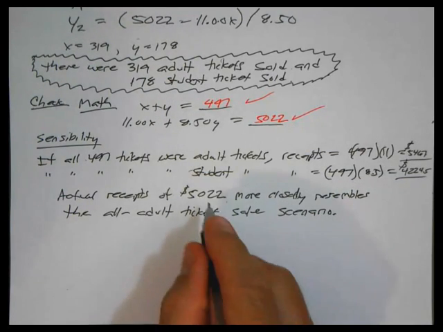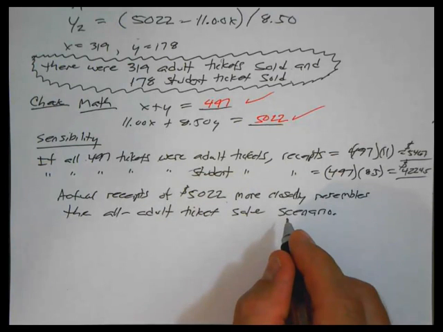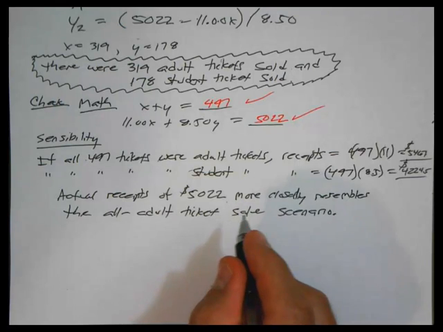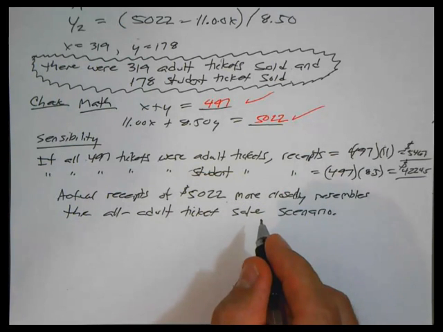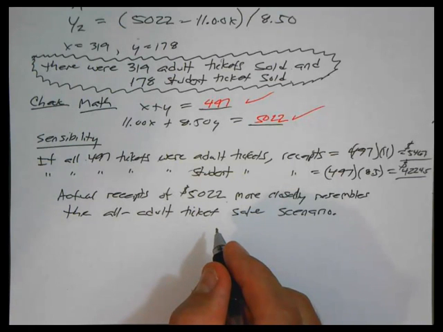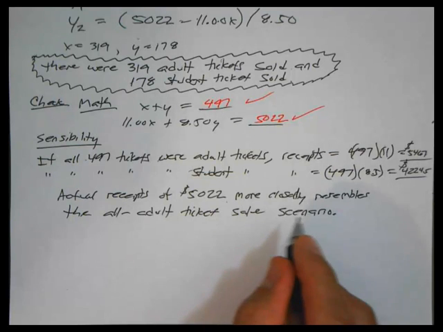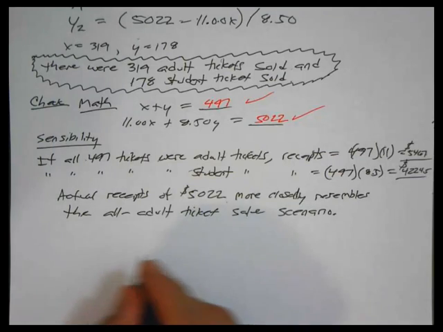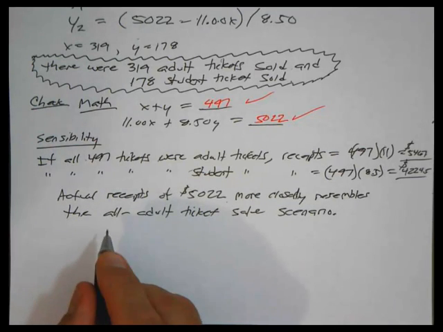And what this means to us is that if this is the case, we expect our answer to have more adult tickets than student tickets. Does it? Yes, we had 319 adult tickets, 178 student tickets. This is the kind of thing we like to see to make us feel confident about the way this solution is running. Okay, so let's finish up our sentence here.